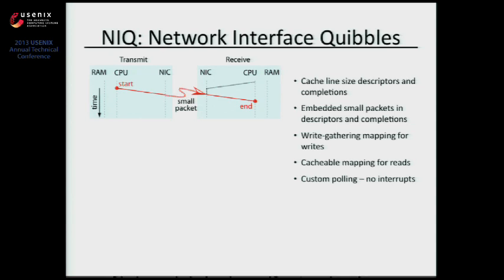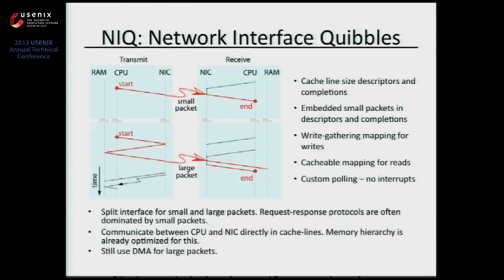Another thing we do is we do not use interrupts. In fact, we use polling, and we poll on the network card instead of polling on a host memory location. I'll get into that in just a little bit. I just want to first complete the interface here and mention that while using this cache line communication for small packets works out fine, large packets tend to be on the order of 20 cache lines, and at that point it just becomes inefficient.